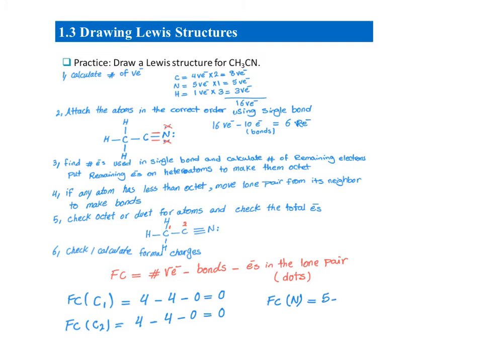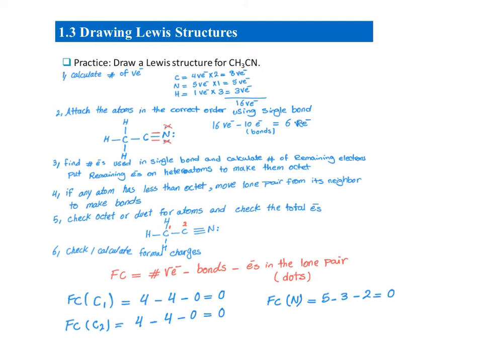It has 3 bonds connected to that, minus number of electrons in the lone pair or number of dots. So I can see 2 dots here, which gives me 0. So the overall formal charge, if we add up all of these numbers, is 0, which matches the charge on the molecule. I can't see any charge on the molecule, which means 0, so it matches.